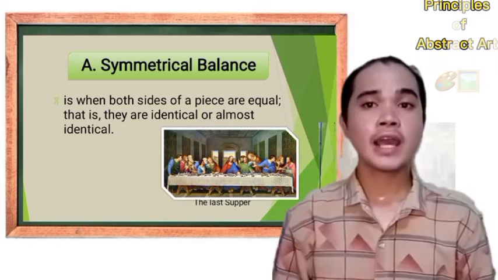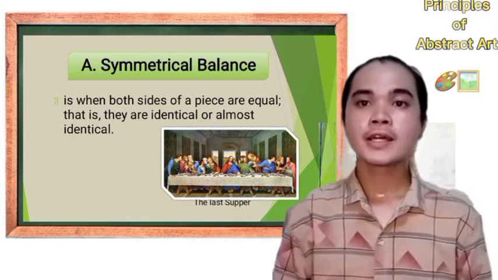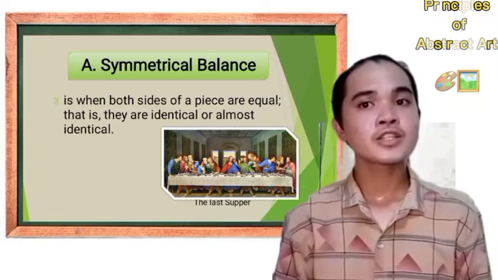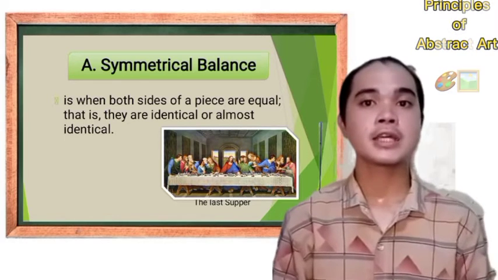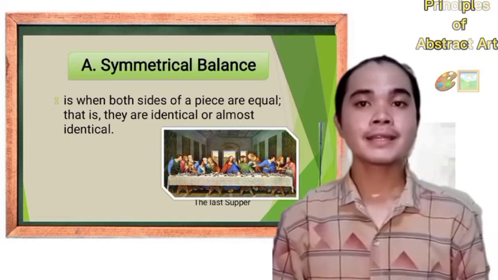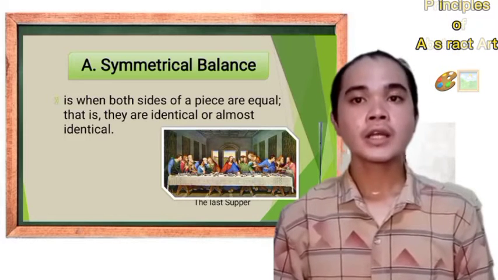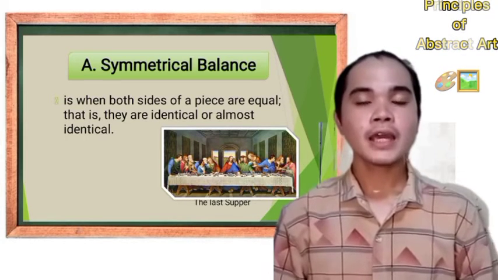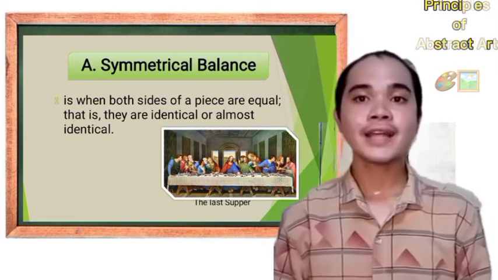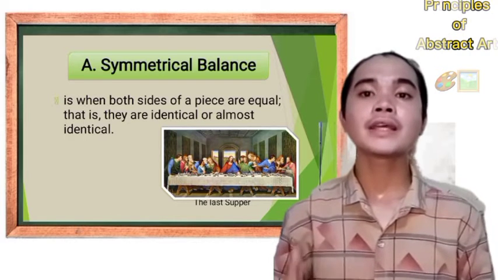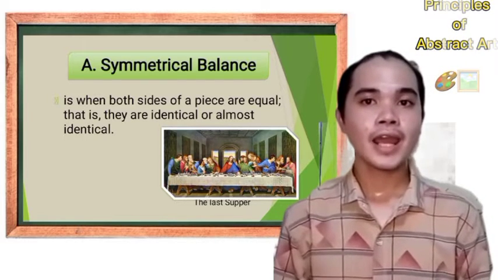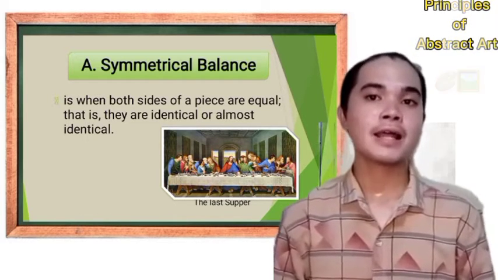This kind of balance creates a sense of order, stability, rationality, solemnity, and formality. The Last Supper by Italian Renaissance painter Leonardo da Vinci, 1452 to 1519, is one of the best-known examples of an artist's creative use of symmetrical balance.